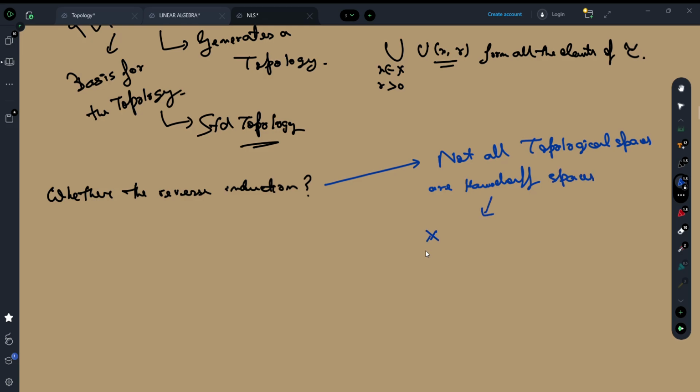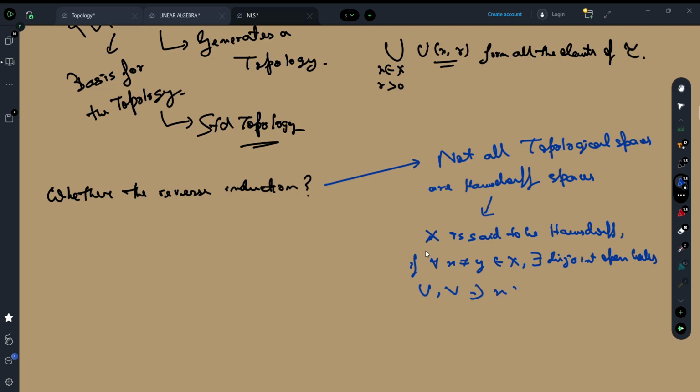If you have a topological space X, then X is said to be Hausdorff if for every pair of distinct elements x and y from X, there exist disjoint open sets U and V such that x is in U and y is in V.